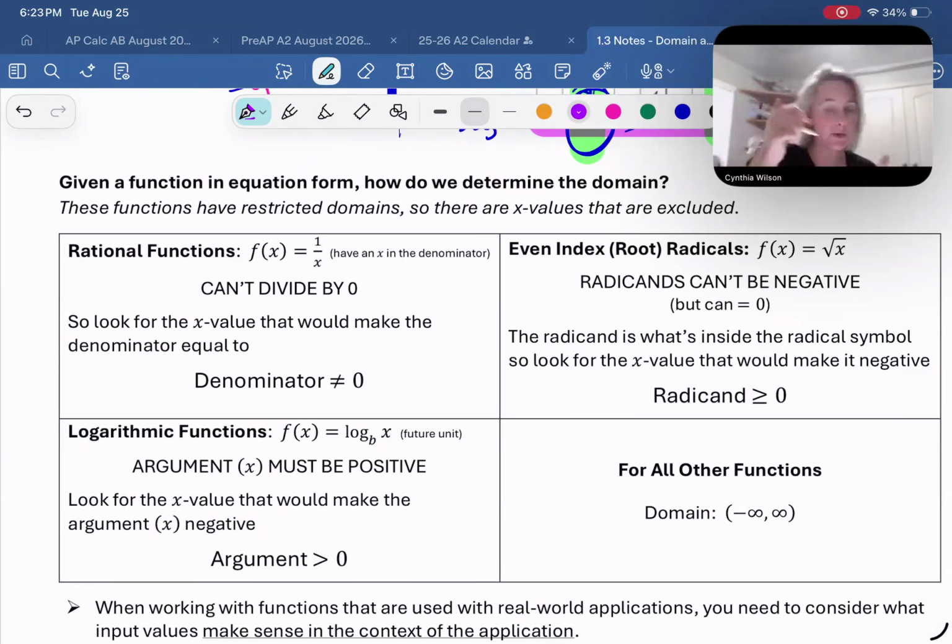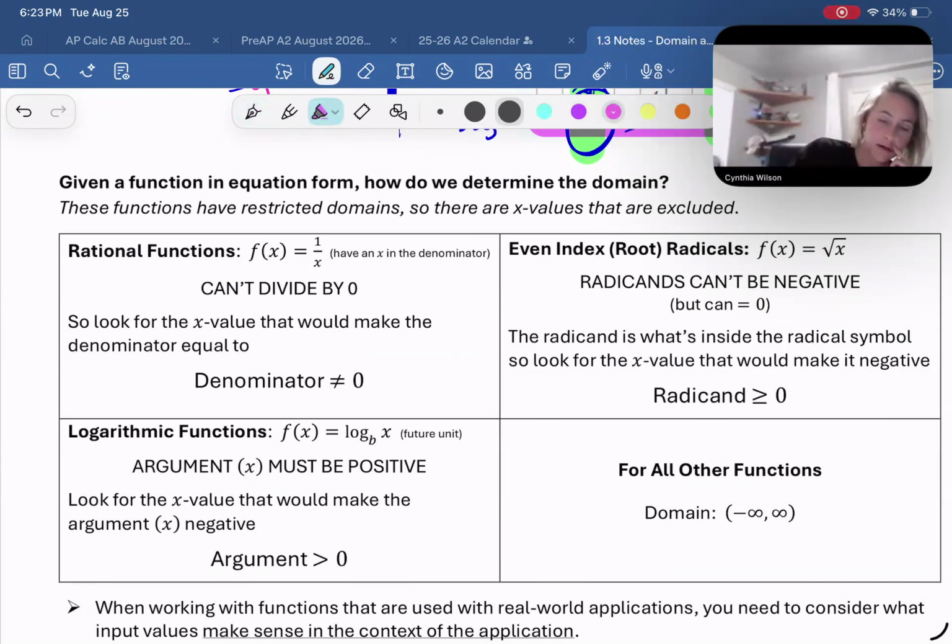The first type we have is rationals. Okay, and I know I have a rational when there's an x in the denominator. The reason there are x's that are completely excluded is because you have a fraction. You can't divide by 0.